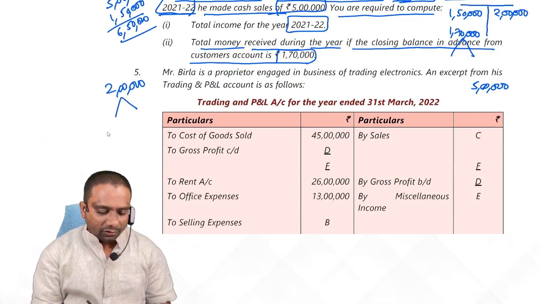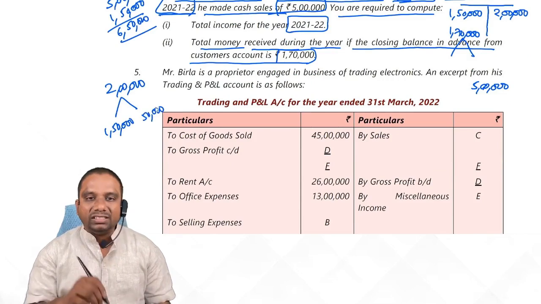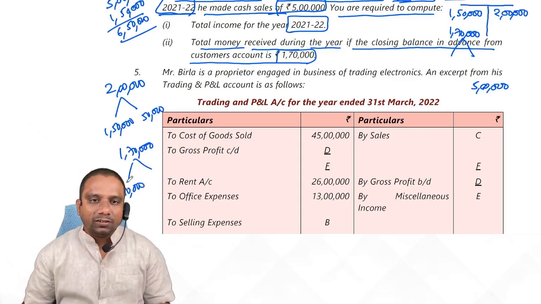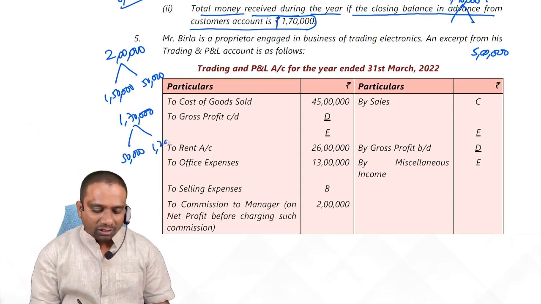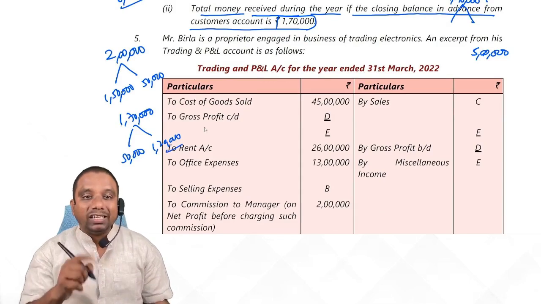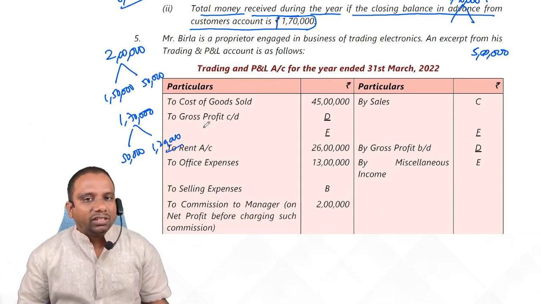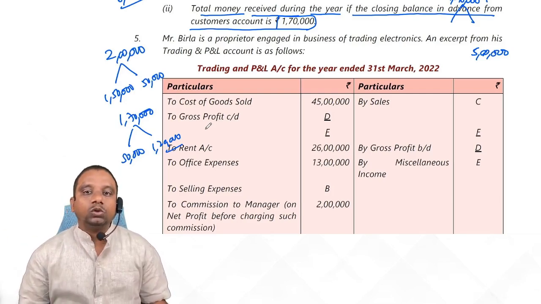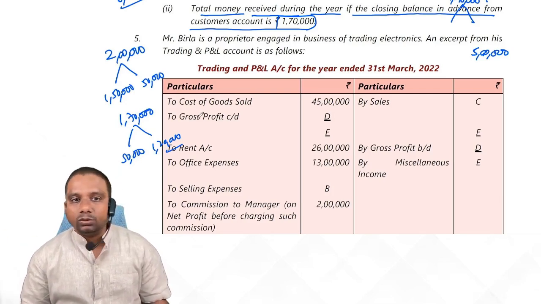Out of these 2 lakhs, 1,50,000 relates to the current year, 50,000 relates to the next year. Now what is the outstanding balance? 1,70,000. Already out of this, 50,000 was received last year. So what is the amount we received in the current year as advance? 1,20,000. So 5 lakhs we received in the form of sales, 1,20,000 in the form of advance. So total cash received is 6,20,000, students.